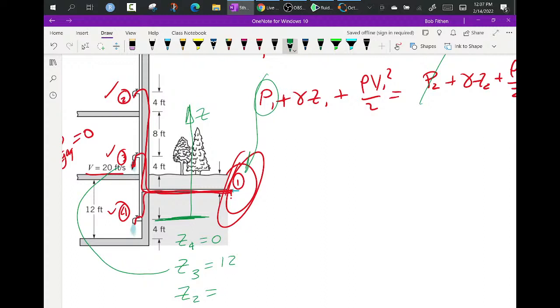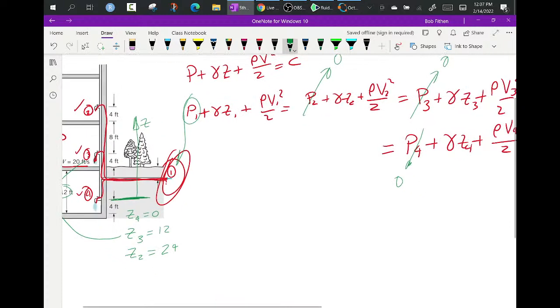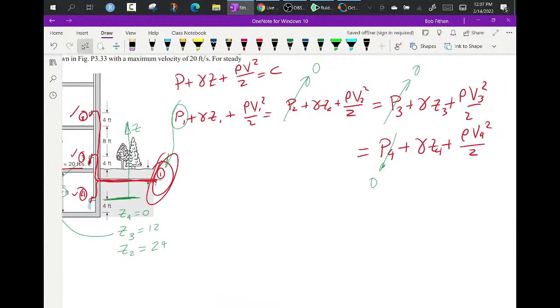So if each of these is 12, and I move up 4, all of them are 12. Each of the faucets is 12 feet above the other. That's 24. Now, I can go in and put this in here: 24, 12, 0.